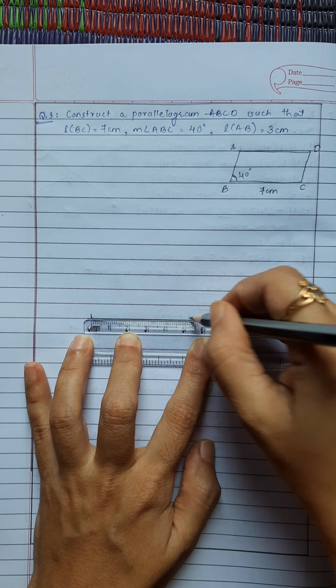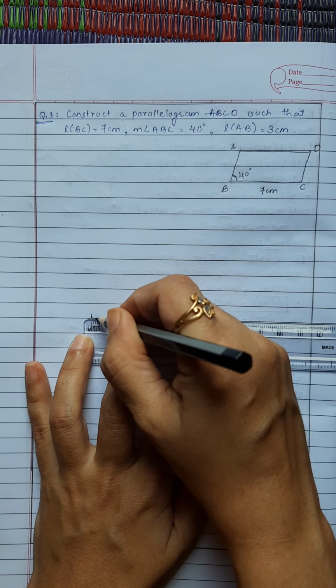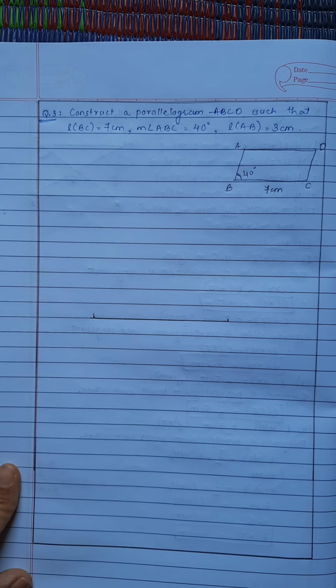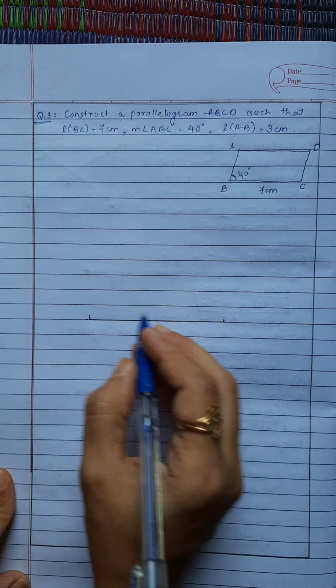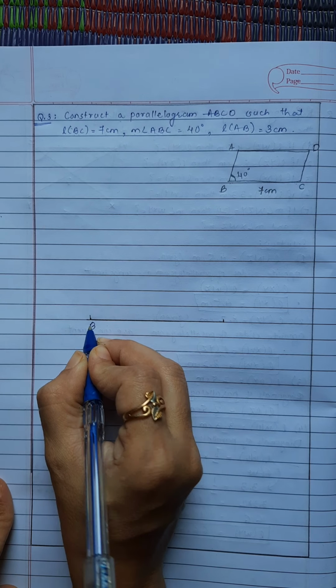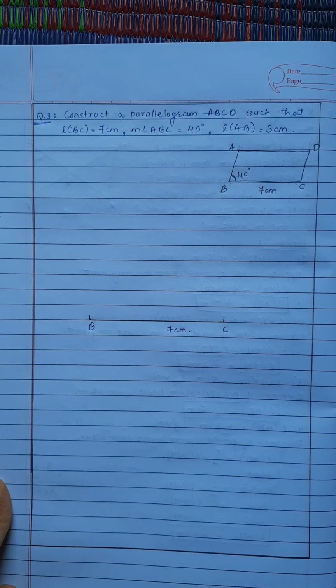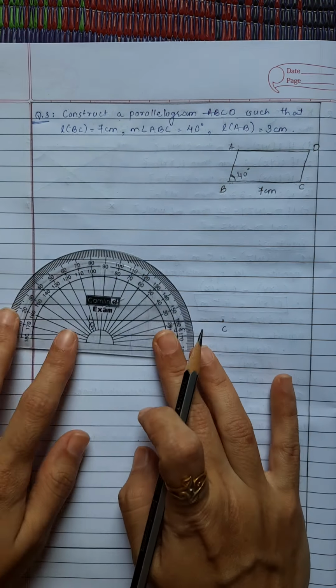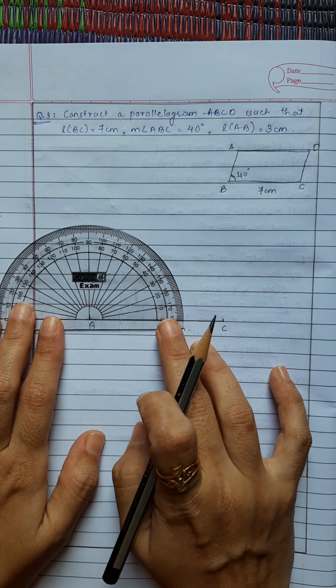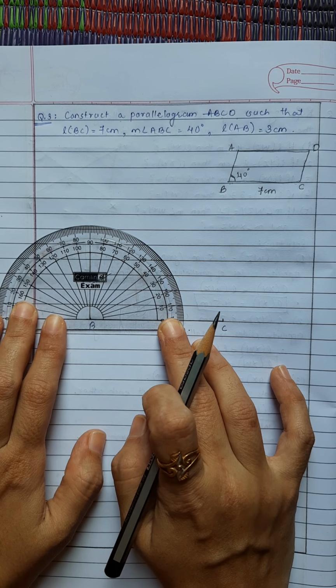So the name of this side is BC and it is 7 centimeters. B is 40 degrees. Using the protractor, draw the angle keeping on vertex B properly.